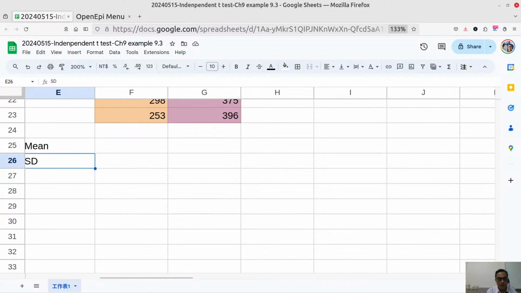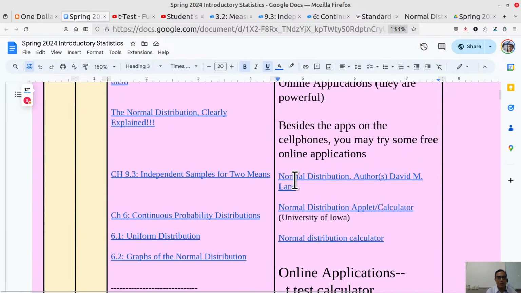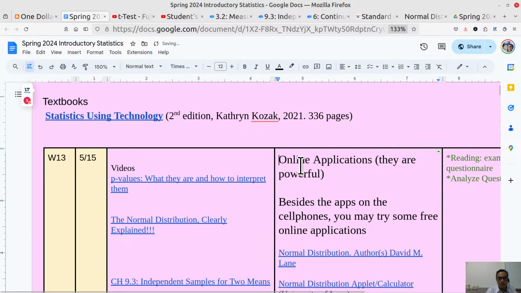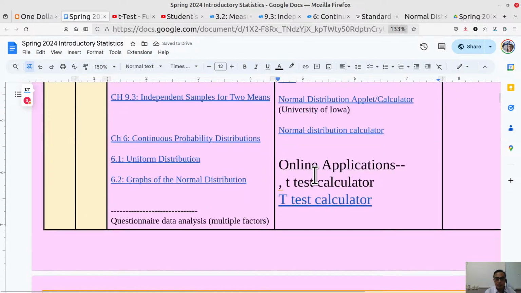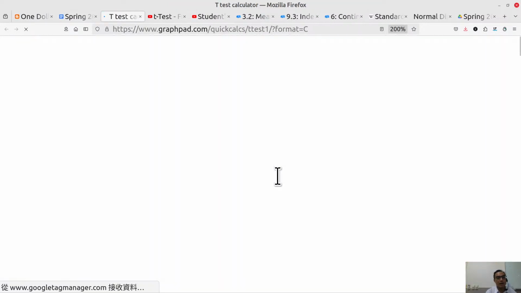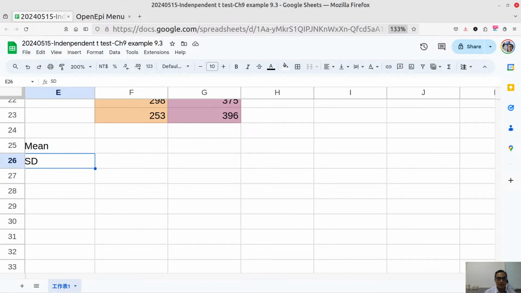Okay, then you can go to, for example, you can check the syllabus. The syllabus here. T-test calculator. I love this one. Okay, and now we have the information here. So here we got it.